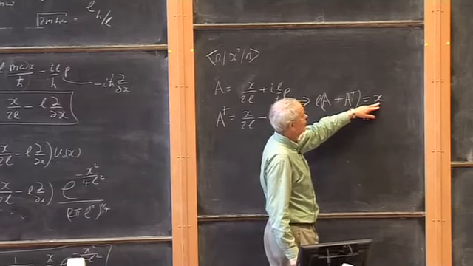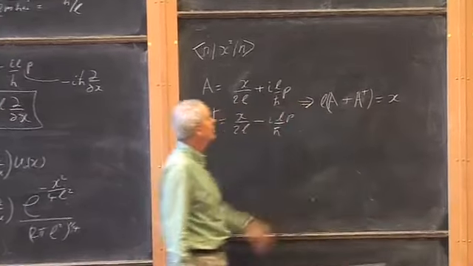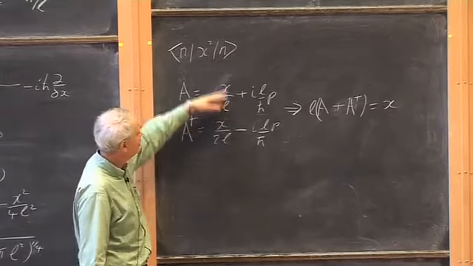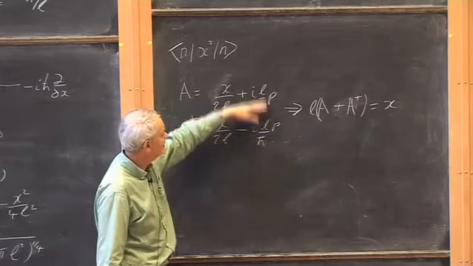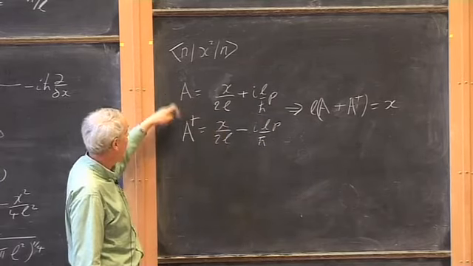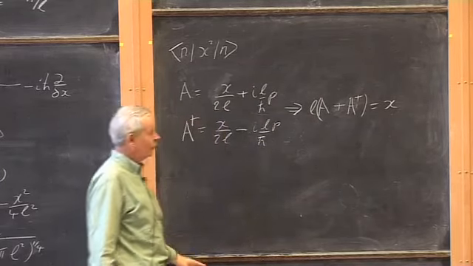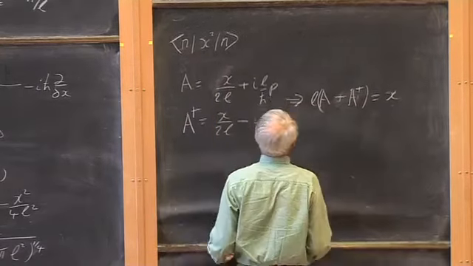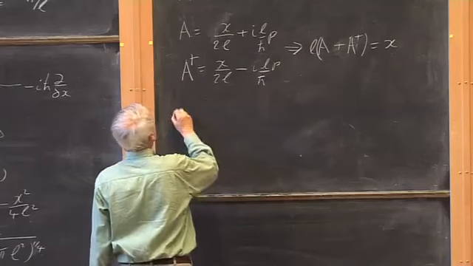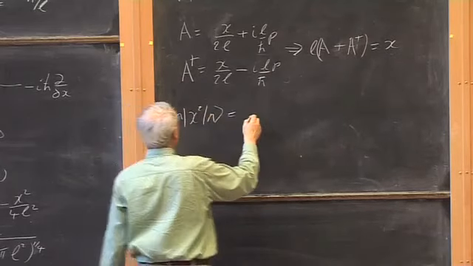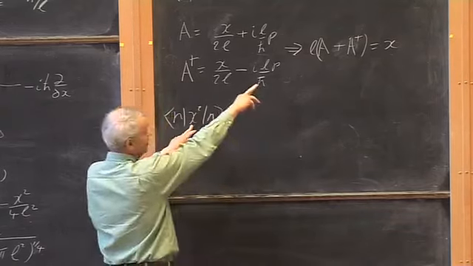So this is a very handy relationship. It expresses the x operator as a sum of annihilation and creation operators times L, right? I've just added these two equations. The momenta have cancelled on each other. These have added up to give us an x over L. Here we've had A plus A dagger. I've multiplied through by L. So when I want to work out this expectation value, I can replace each of those x's with this thing here.